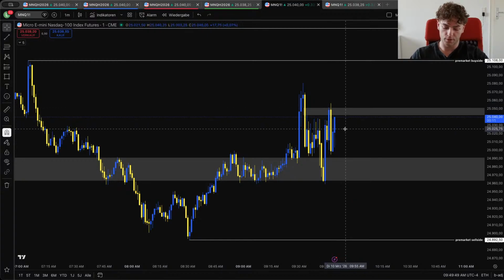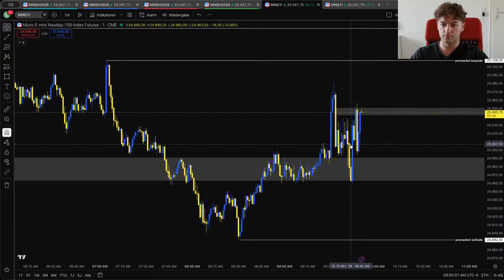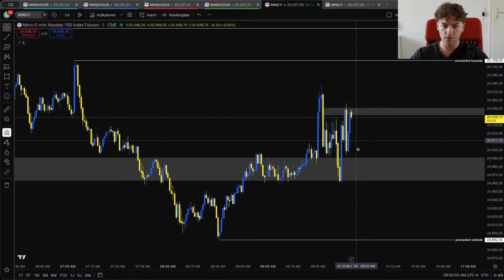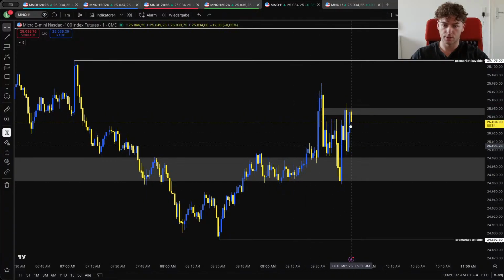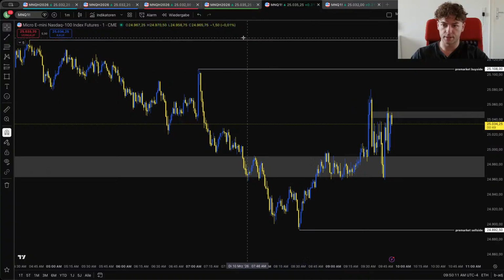Hopefully, or not hopefully, but maybe we can see the consolidation and during the macro, or at the beginning of 10 a.m., see a manipulation lower and then a move higher, aiming for these buy side liquidity pools.